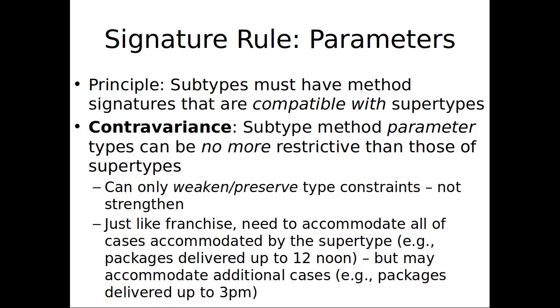So by the same principle, if you're accepting parameters, they cannot be more restrictive than the corresponding parameters in the supertype. Does that make sense? So we want to be able to call that method on something that's secretly the subtype without it blowing up on us.